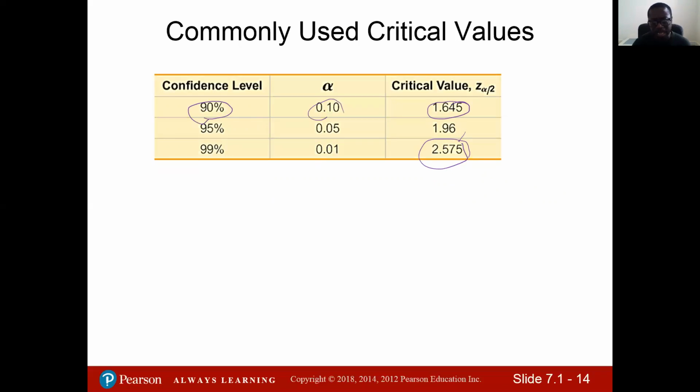Okay, so if you can memorize this, if you can always remember that. So for a 95% confidence interval, the Z alpha, the critical value is what? 1.96. And we can use the table and use StatCrunch to find the same values.